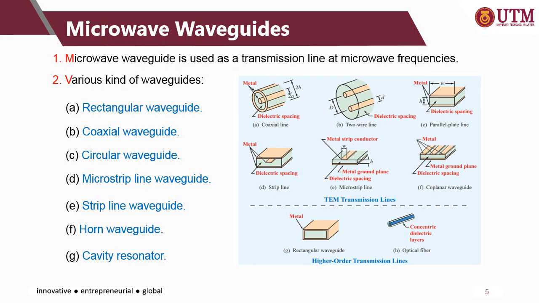So these are some examples of microwave structures that handle microwave frequency signals. The following are examples of the waveguide: rectangular, coaxial, circular, microstrip line, horn, and cavity.